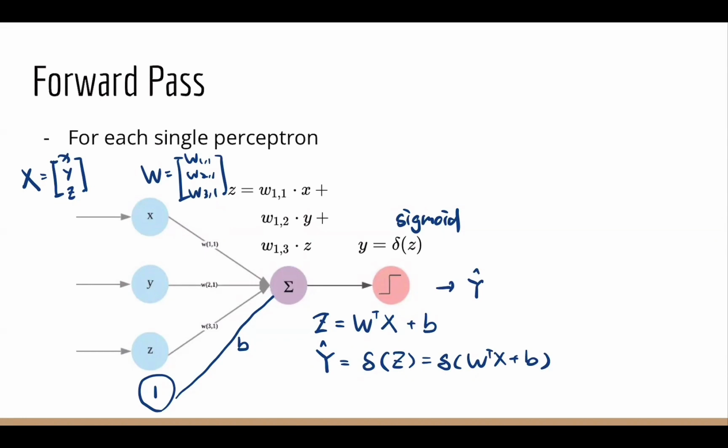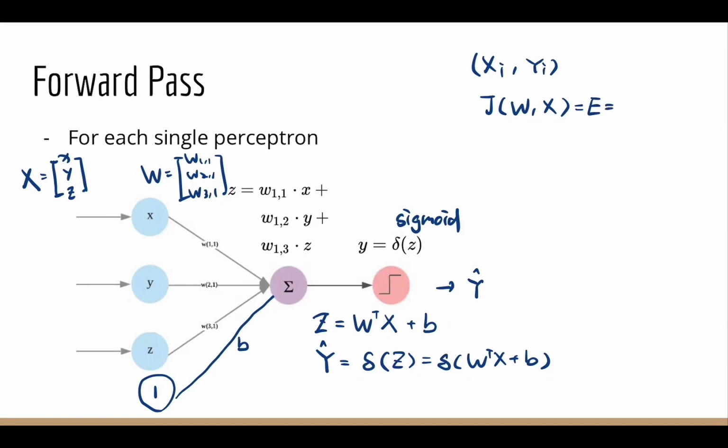After we get the output, we want to calculate the loss function. Say, given a pair of input and desired output, we can get the loss given the parameters, the weights and the inputs.